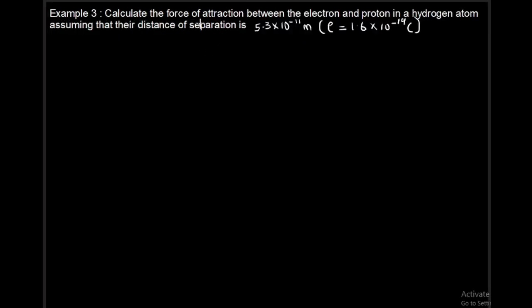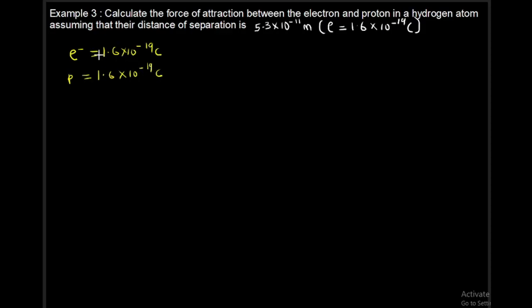Now for our next question here, it says calculate the force of attraction between electron and proton in a hydrogen atom. Okay, the electron has a charge which is a constant, 1.6 times 10 raised to the power of minus 19 coulombs. Proton also has a charge of 1.6 times 10 raised to the power of minus 19 coulombs.